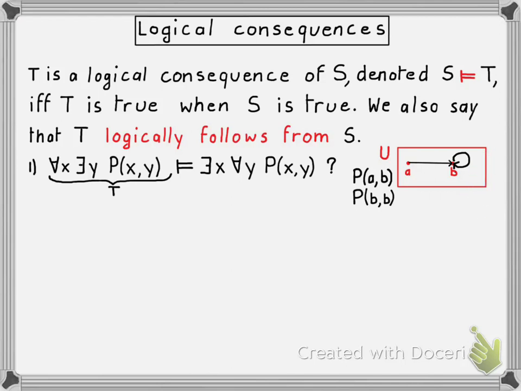And the answer is no, because A has an arrow to B but not to itself, so it's not connected to every element. And B has an arrow to itself but not to A. So B is not connected to all the elements either. And these are the only two elements, so there's no such element, which is what this states. And therefore this rightmost proposition is false.